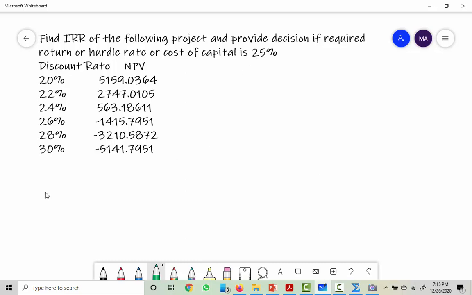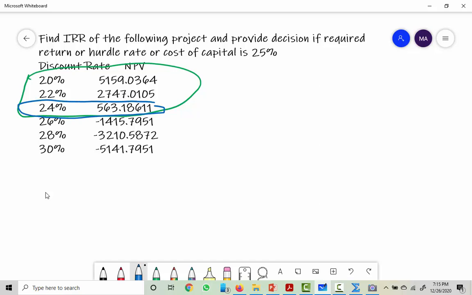So let's do it. First of all, if you notice carefully, to calculate IRR we will need one positive NPV, but here we have three positive NPVs. Which one is closer to zero? Obviously we can see it with the naked eye. This one is the most close to zero.